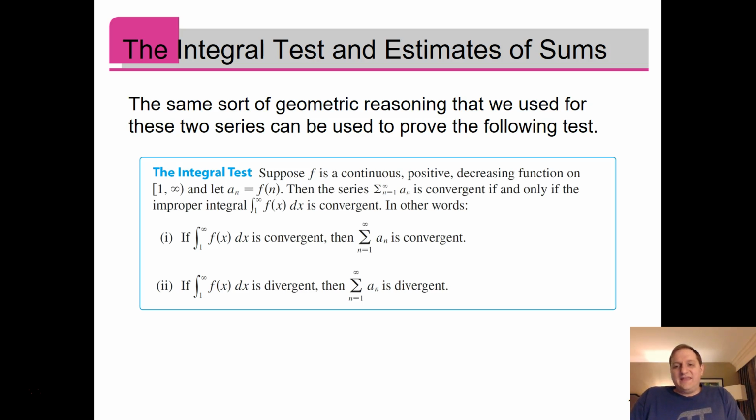Then you can't use the integral test. But this is going to lead us to a very nice alternative statement that we can use for some of the other tests as well. So this is the first test other than the divergence test, which we learned about. This is called the integral test.